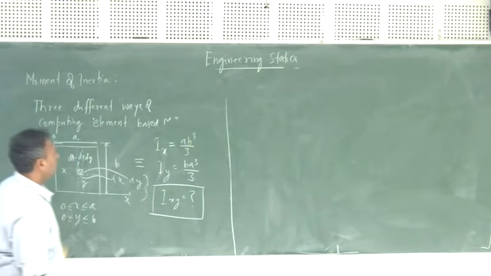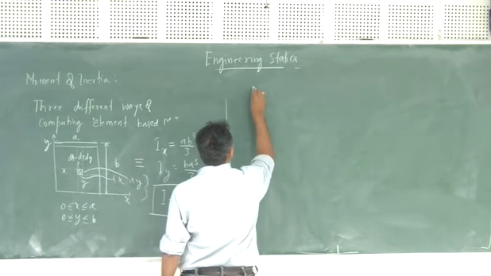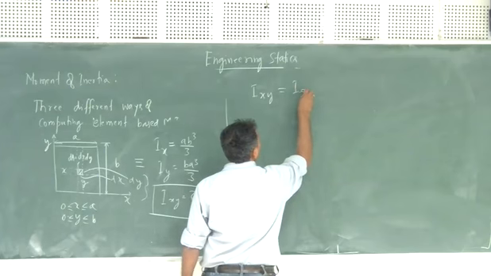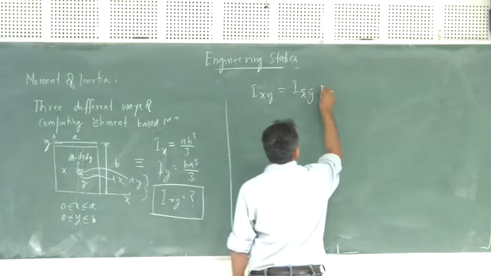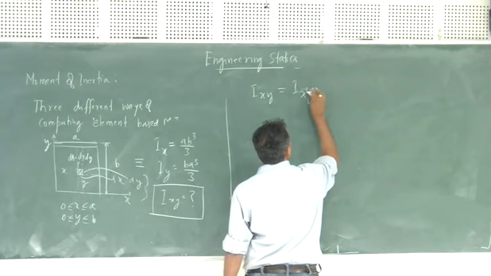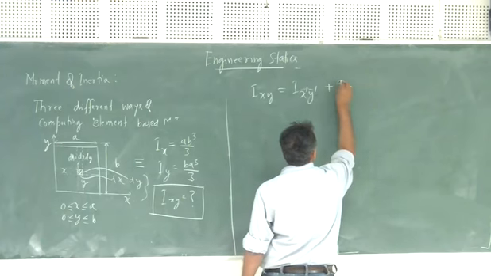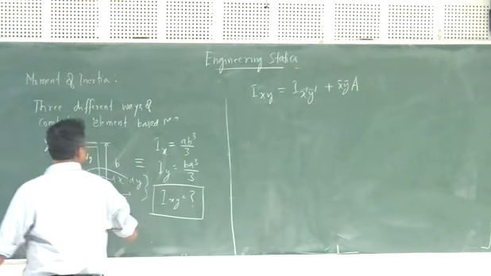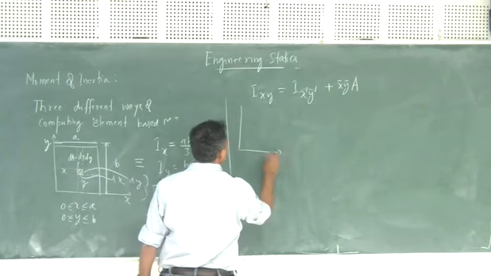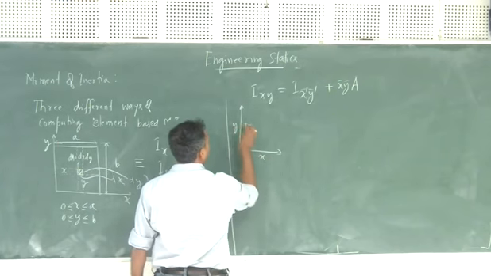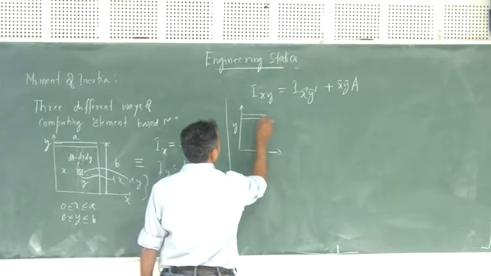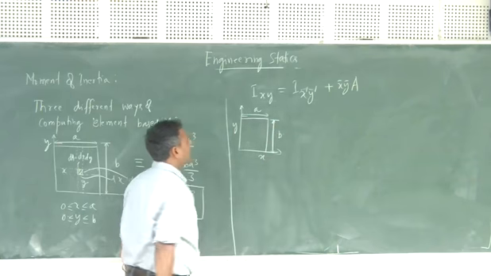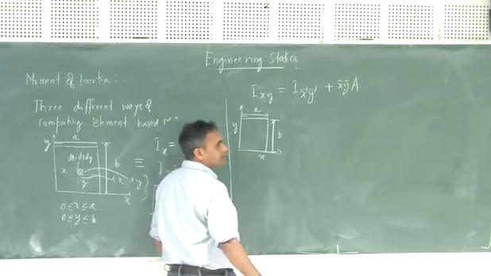What I told last time was, if we look at the formula, Ixy is nothing but Ix'y' plus x bar y bar A. So if this is your x and y, and this is your rectangle having sides a and b, what will be its centroid?